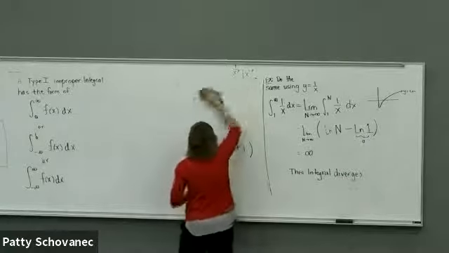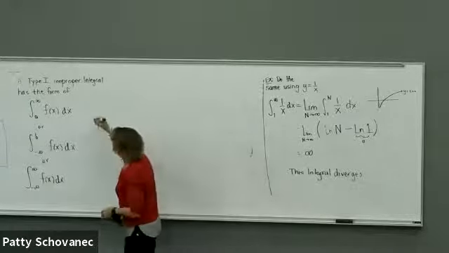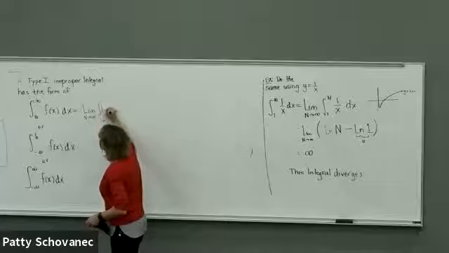If we have this form, then we rewrite the problem with the limit as n goes to infinity. And we integrate from a to n.